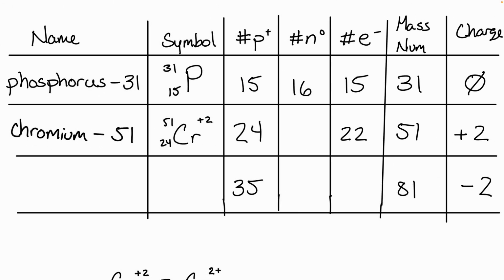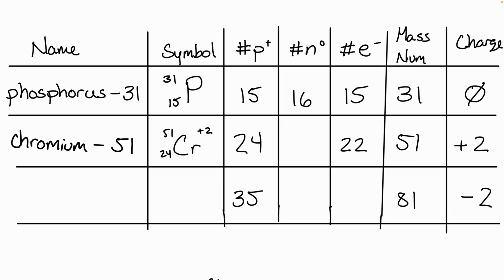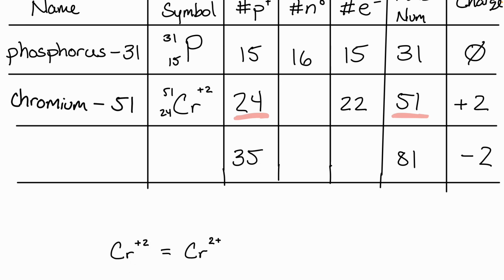All right, so now we have one more box here, the number of neutrons. Okay, how am I going to figure out the number of neutrons? Which 2 other boxes am I going to look at here? The mass number and the number of protons. Exactly, because if you remember, we said that mass number equaled the number of protons plus the number of neutrons.